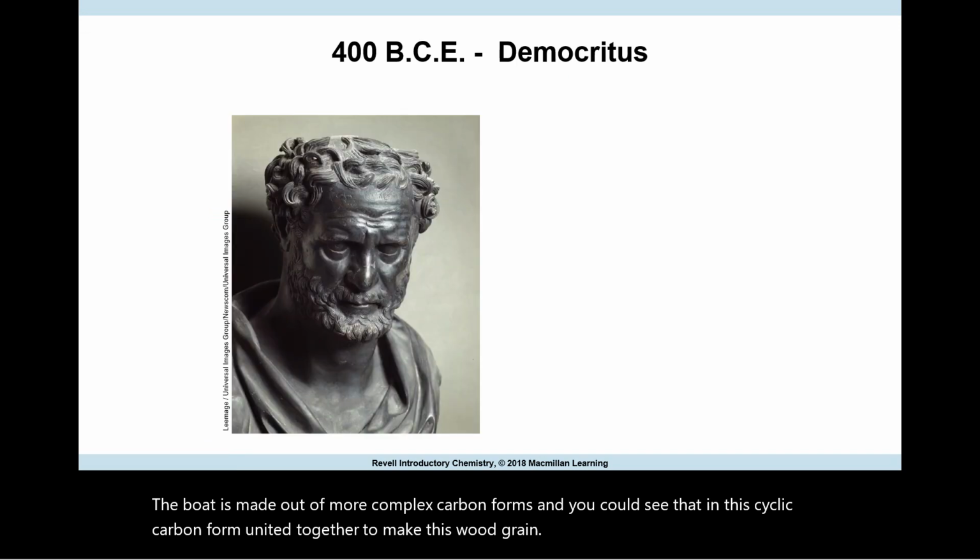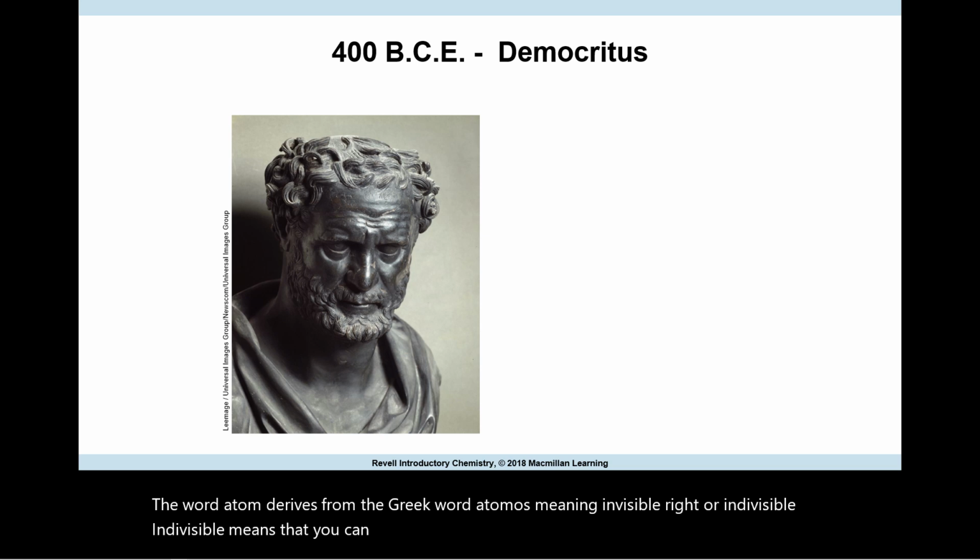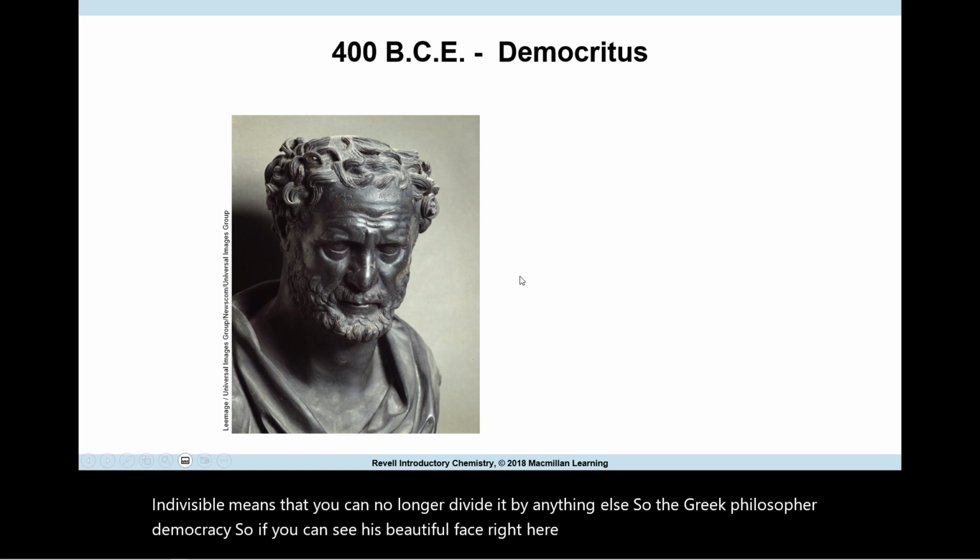Now, the word atom derives from the Greek word atomos, meaning invisible, or indivisible. Indivisible means that you can no longer divide it by anything else. The Greek philosopher Democritus, he lived around 400 BCE.